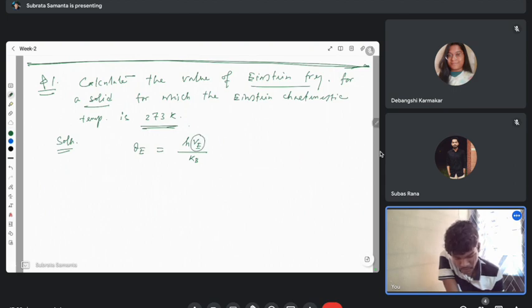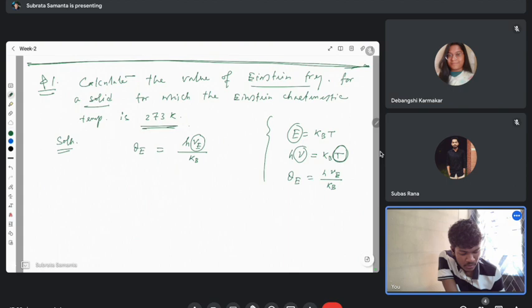The energy E equals k_B T, and in Einstein's quantum theory this energy is h nu. h is Planck's constant, nu is the frequency of the quantum modes, and T is the temperature. For the Einstein case, the characteristic temperature is theta E, and the corresponding Einstein frequency is nu E equals k_B theta E by h.